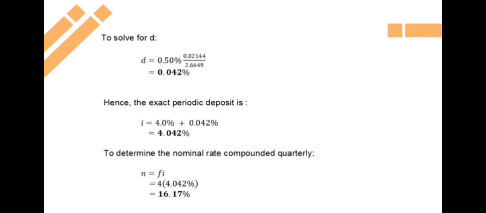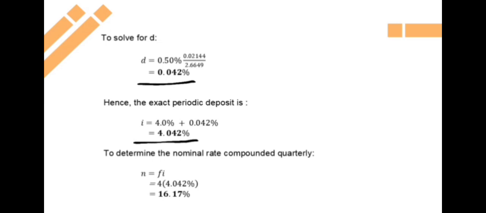So, i-multiply natin ito sa 0.50%, yung difference ng 4% at 4.5%. So, ang D factor natin ngayon is 0.0442%. Hence, the exact period deposit is i-add lang natin yung periodic interest rate na 4 sa ating D factor.